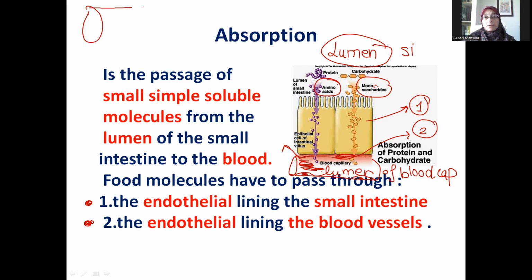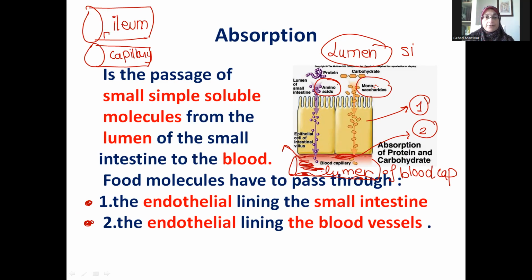This means that if this is the ileum, or the last part of the small intestine, then next to it you have a blood vessel or a blood capillary. So the ileum is richly supplied by blood capillaries in order to allow absorption.